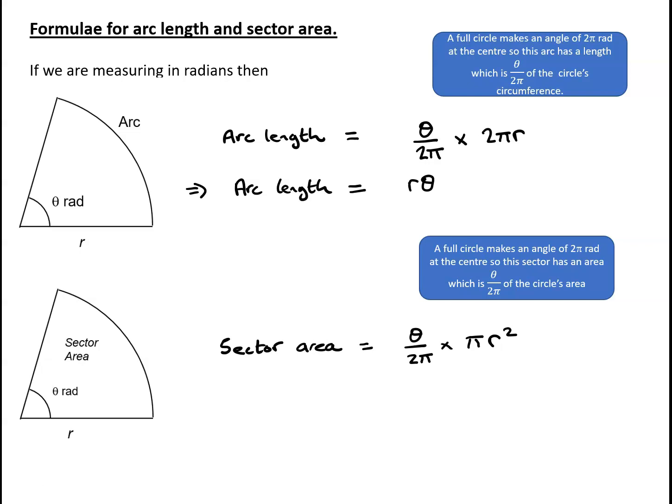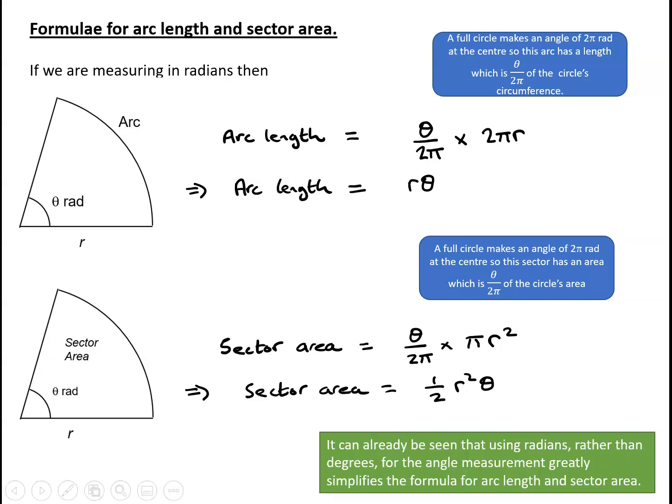And that simplifies to a half of r squared theta. So provided we're using radians as our angle measurement, we've got sector area is 1/2 r squared theta. Notice how much simpler these two formulae for arc length and sector area are if we are using radians for the angle rather than if we're using degrees for the angle.